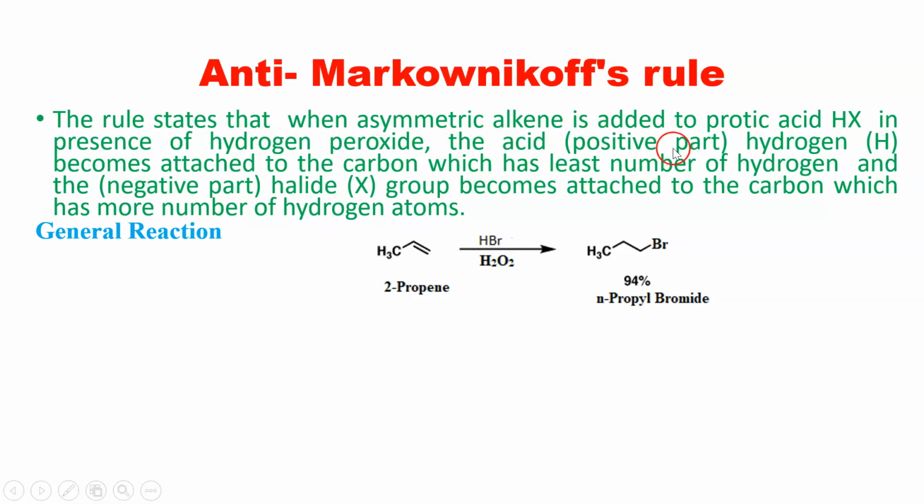The acid part, the hydrogen H plus, gets attached to the carbon which has the least number of hydrogens, so it gets attached over here. And the negative part, the halide part, gets attached to the carbon which has more hydrogen atoms. Here you can see, if I draw a structure, so let us try it.